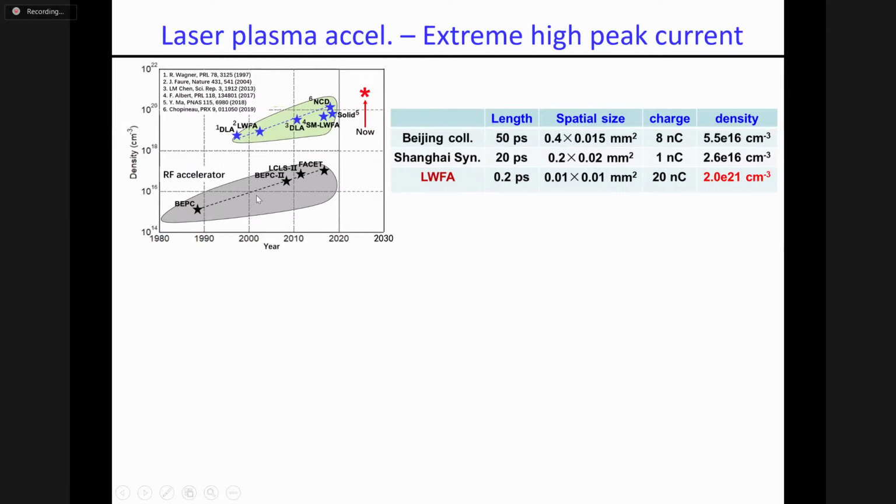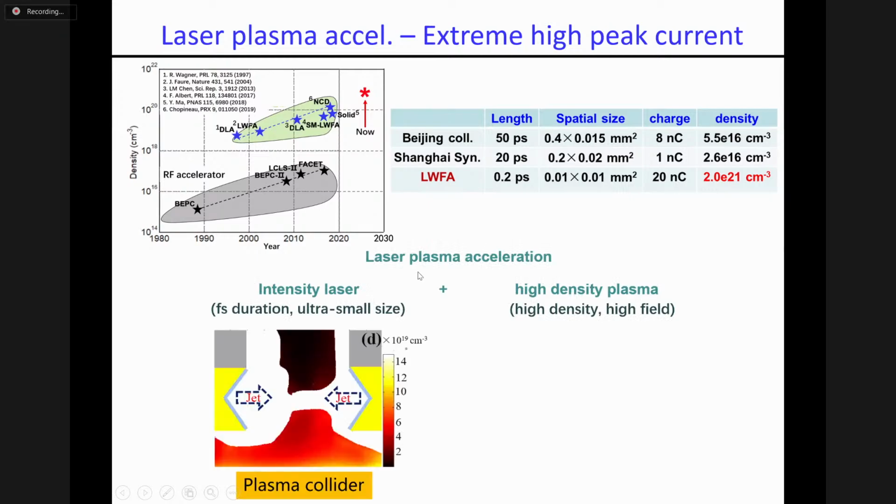Here are BEPC, BEPC2, LC, LS, and FACET. And for the wakefield accelerators, DLA, LWFA, right now we got this value. It's 4 orders higher than the traditional accelerators.